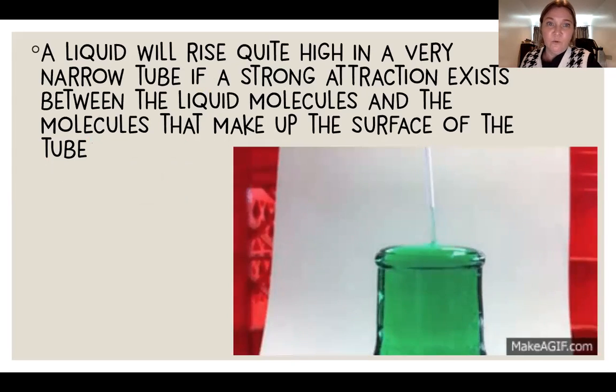A liquid will rise quite high in a very narrow tube if a strong attraction exists between the liquid molecules and the molecules that make up the surface of the tube. So what you see here is water literally crawling up the glass tube against the force of gravity due to capillary action.